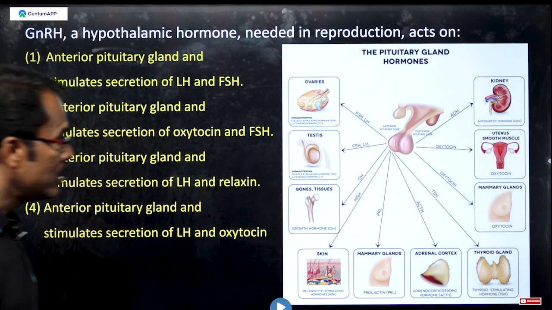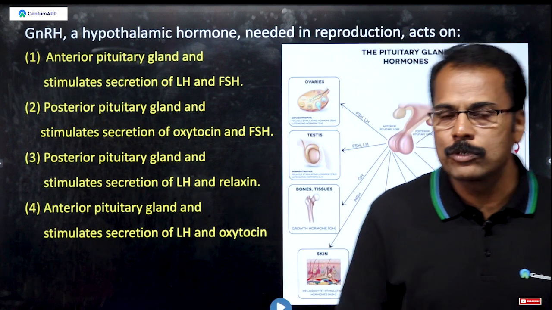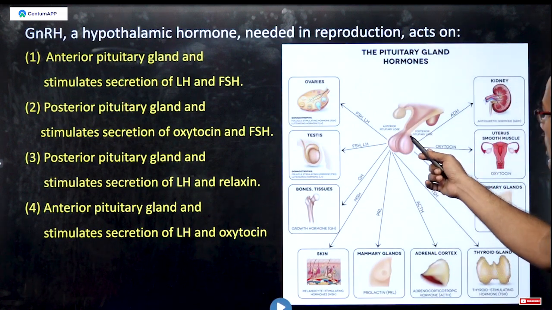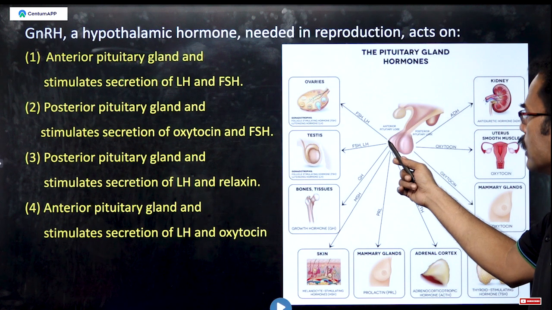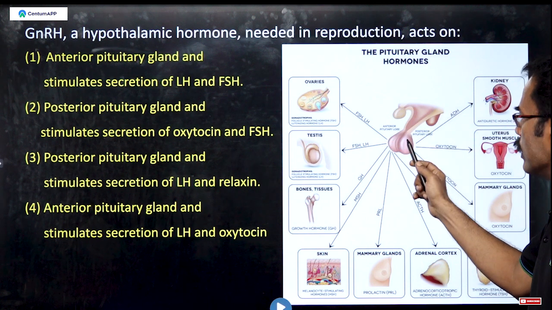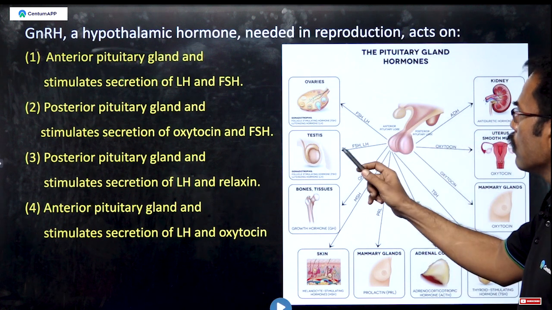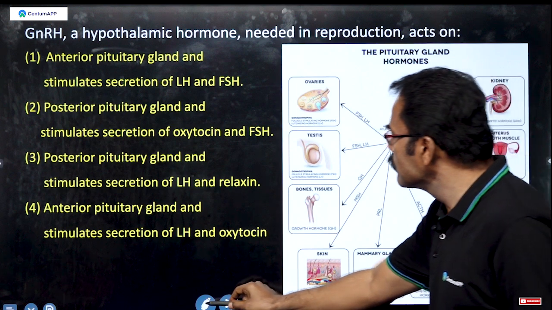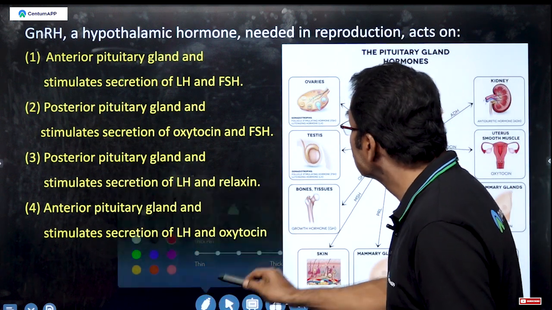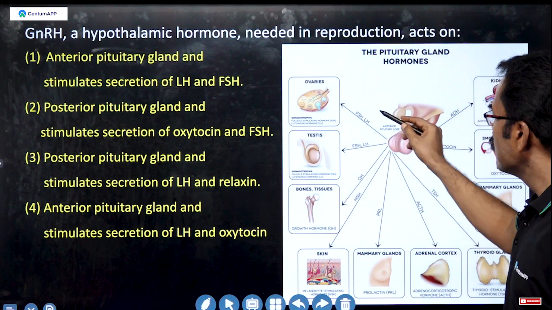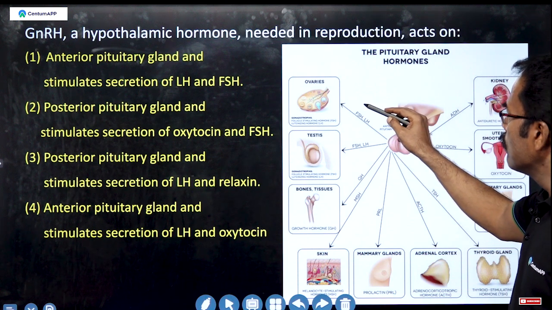Let us see. Here there is a picture of a pituitary gland. Pituitary gland has three lobes actually, that is anterior lobe, posterior lobe and a middle lobe. Anterior lobe will secrete FSH and LH.